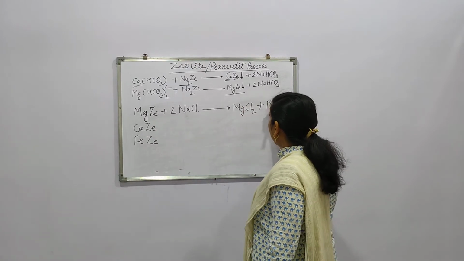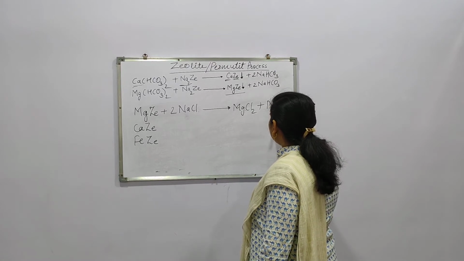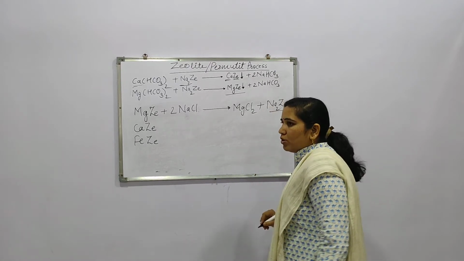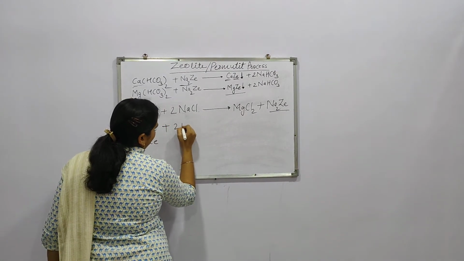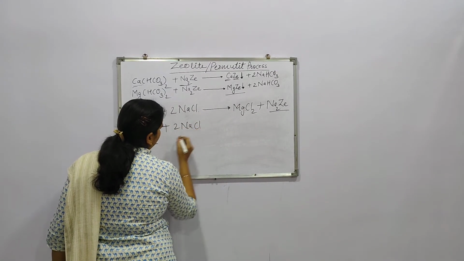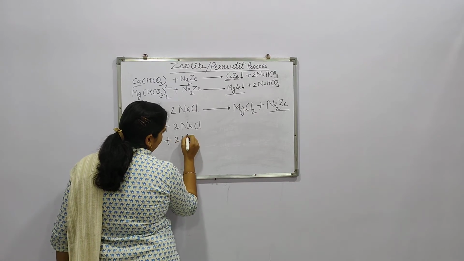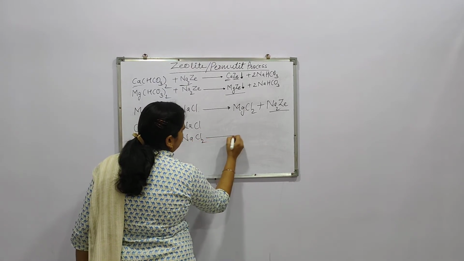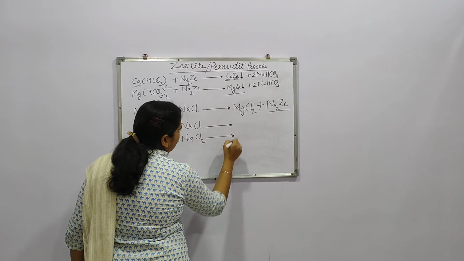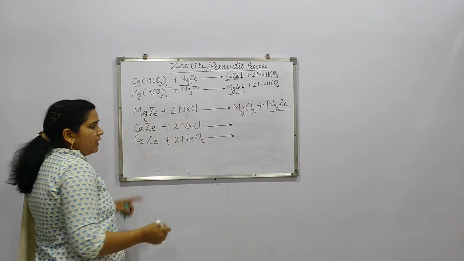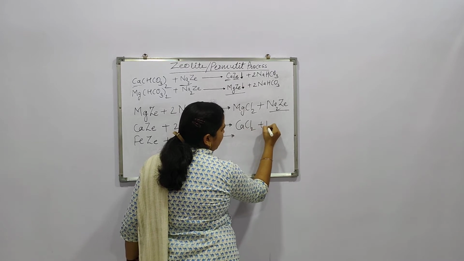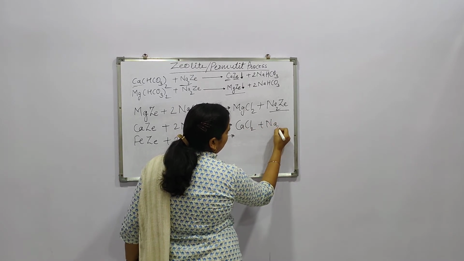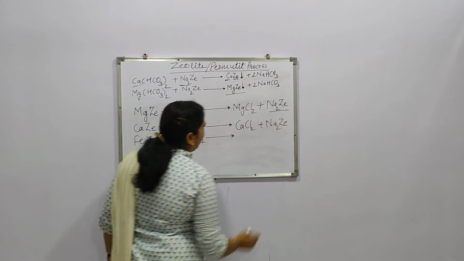Na2Ze is our main product which we require. In the same way, CaZe plus twice NaCl, because we have used the same brine solution for all. So CaZe plus NaCl gives CaCl2 plus Na2Ze. The same product we will get.